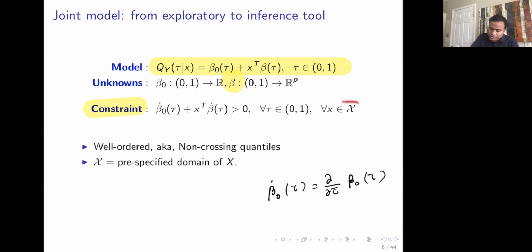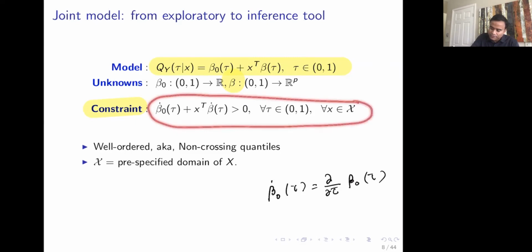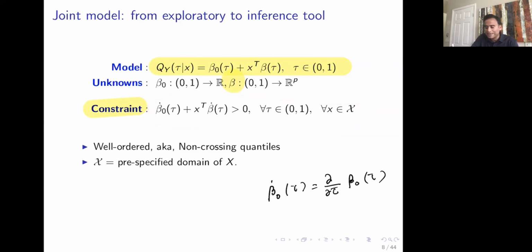So once you put this constraint in for every quantile level tau, at every value of the predictor vector in a given domain, then these two together give a full model for your data. Then it is a model specification. The joint formulation is important to view this as a model.